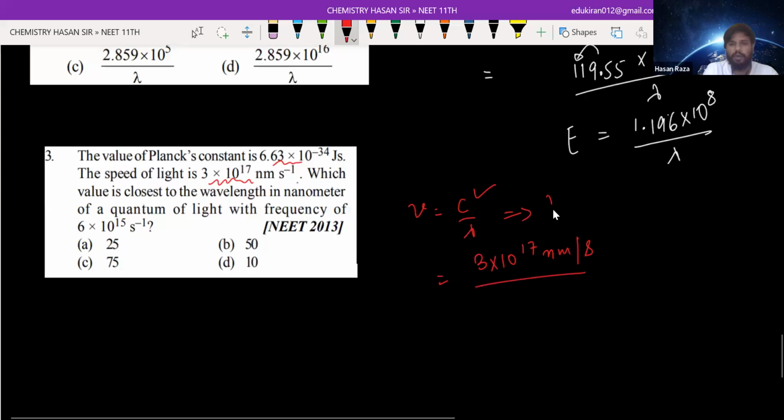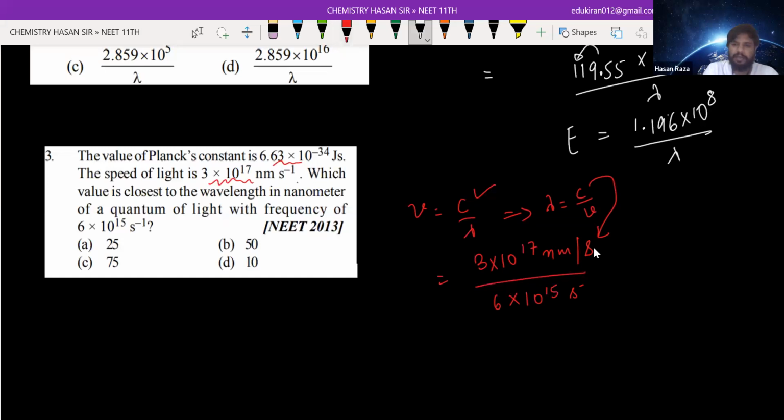So what I'm going to do, lambda will be equal to c by nu. So this is your c, and for nu I'm going to put the value, 6 into 10 raised to the power 15 per second. Now this second and this second will be cancelled. The answer that you will get will be in nanometer.